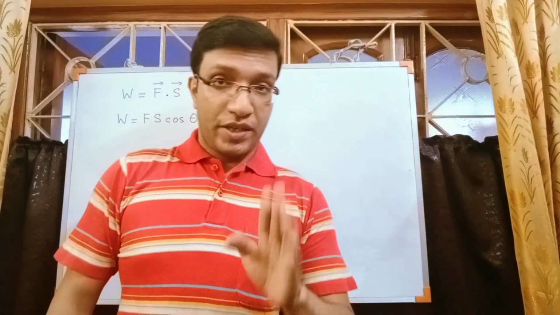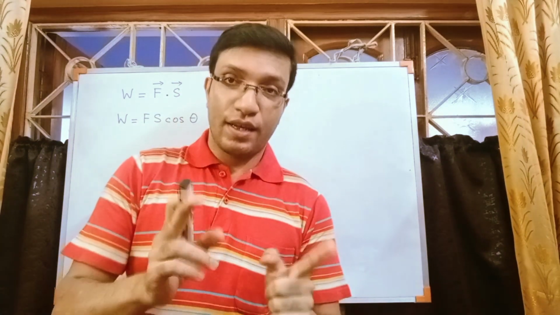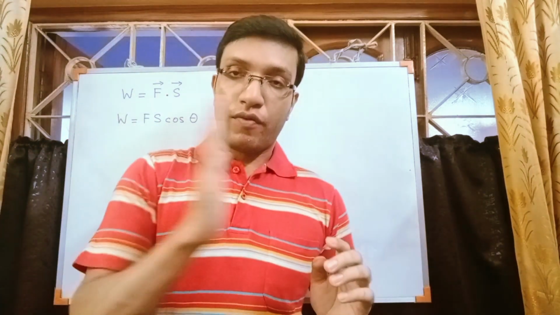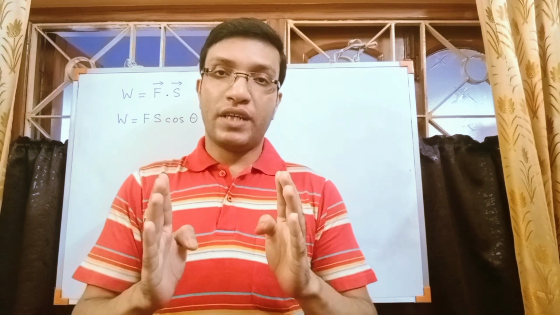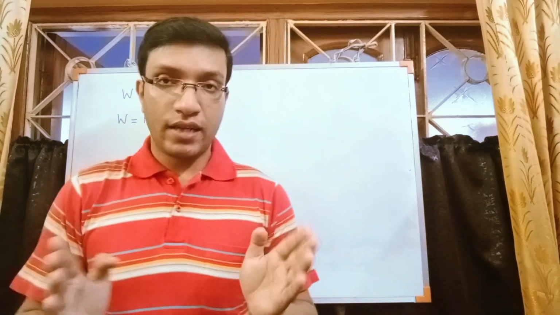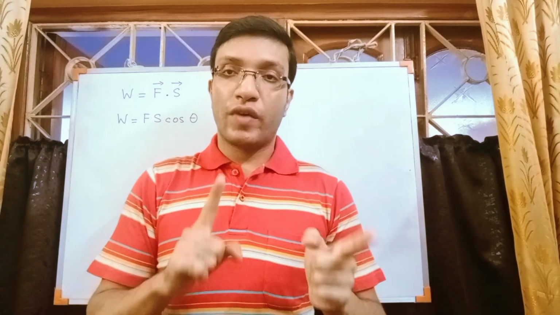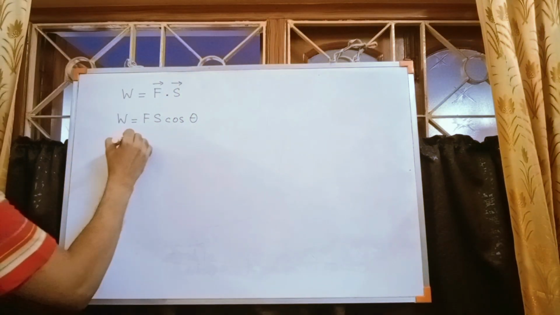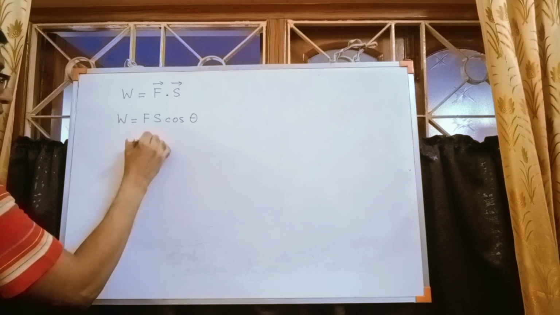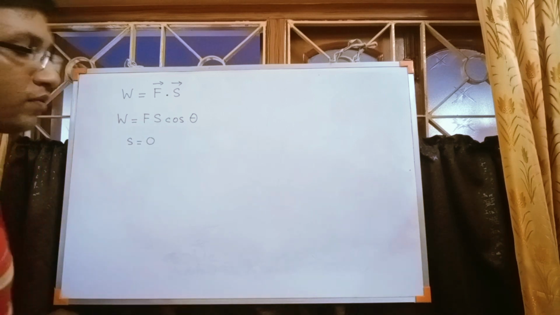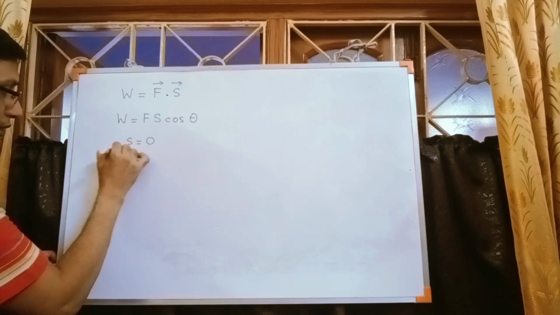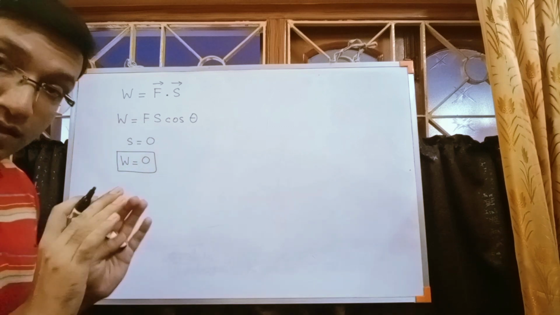Now we move on to a special case when work done will be 0. Now what are the conditions when work done will be 0? Suppose we are applying a force on a wall or any other object that cannot be moved from its place, right? So whatever magnitude of force we apply, that is not going to move the body. So the displacement of the body is 0. So if there is no displacement of the body, that means displacement is 0, then work done will also be 0. This is the first one.